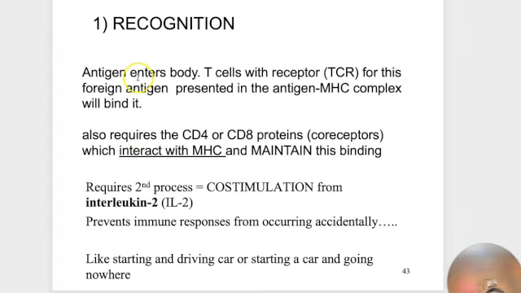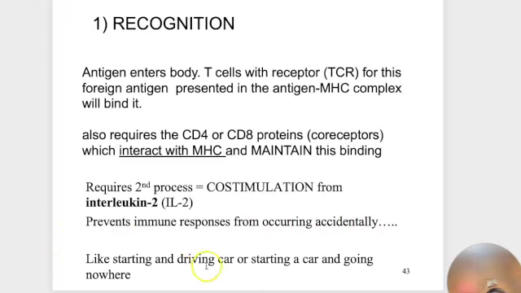Recognition. Antigen enters the body. T cells with the receptor know something is foreign. Okay, it requires CD4 or CD8, depending on what it is. It forms something called an interleukin. This prevents an immune response from occurring accidentally.